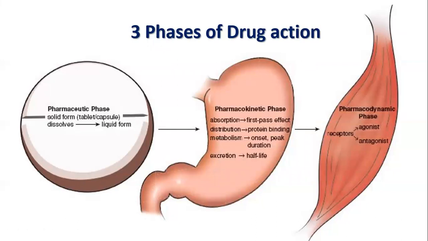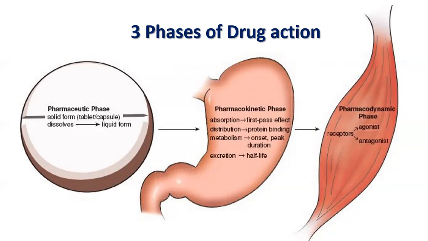And next here, the pharmacokinetics phase: the drug goes for absorption, goes through first-pass metabolism or effect, goes for distribution through the circulation.